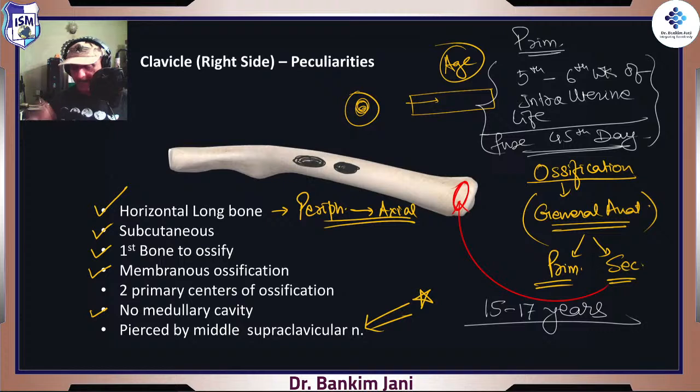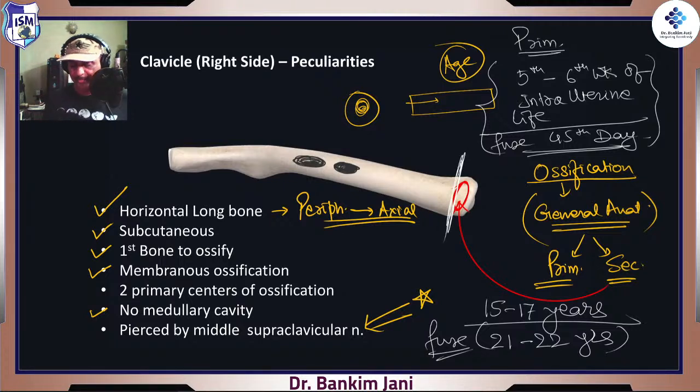And then by the time a person reaches the age of 21 to 22 years, they fuse. So it means up to the age of 21, 22, this piece is separate from the shaft, right? So all of you who are, let's say, 18, 19, 20 years old, if an X-ray is taken, you will find that this end is medial or lateral, right?